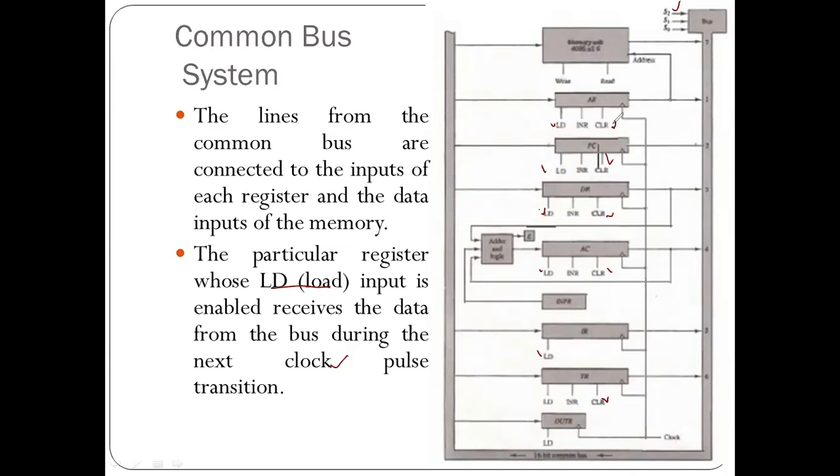It is not just a single clock pulse. To complete an instruction execution, there are several stages, and each stage requires several clock pulses. We call that the instruction cycle, which we will see a bit later. Okay, so this is about the load control signal.